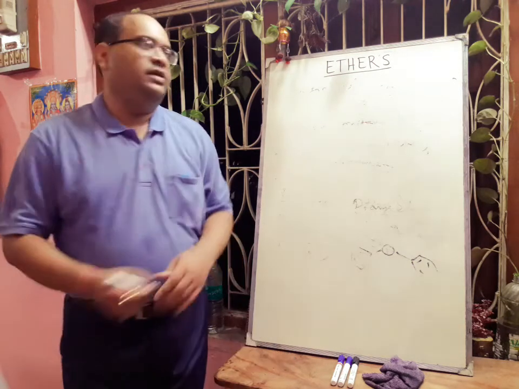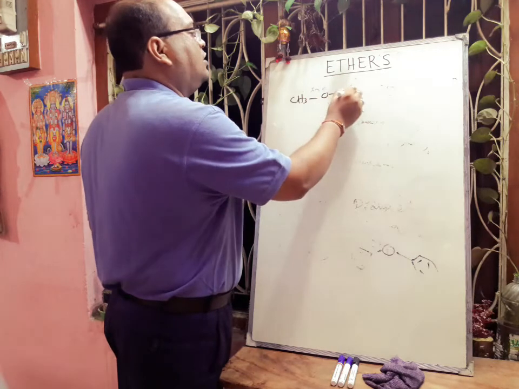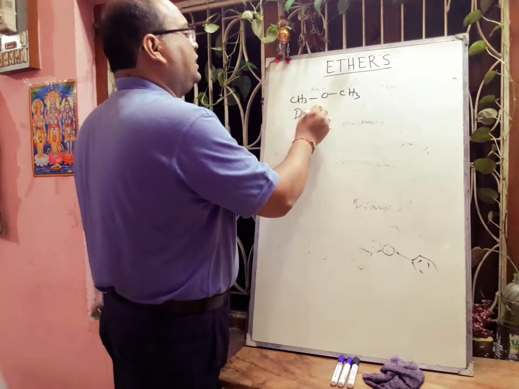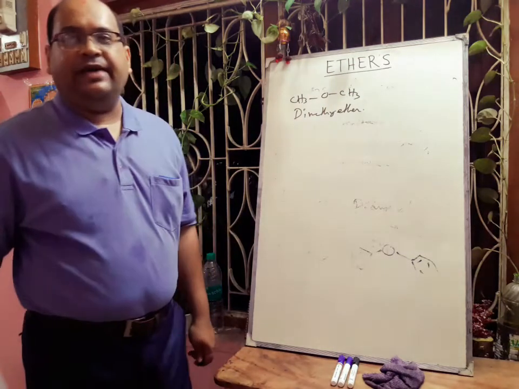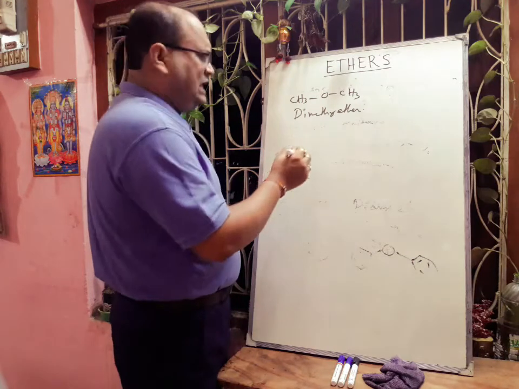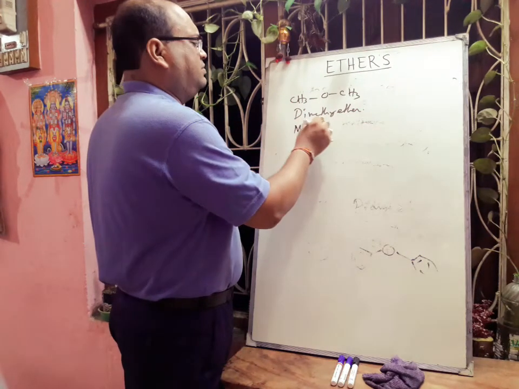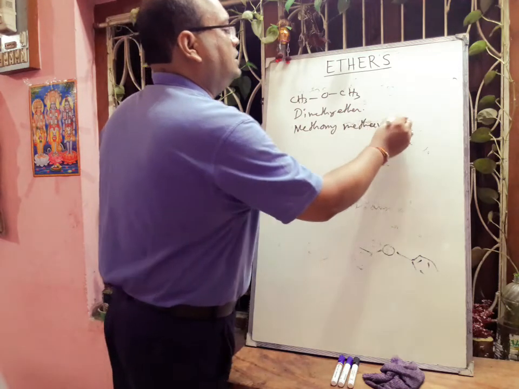For CH3OCH3, the common name is dimethyl ether. But its IUPAC name is alkoxyalkane, so it is methoxymethane. This is the IUPAC name.